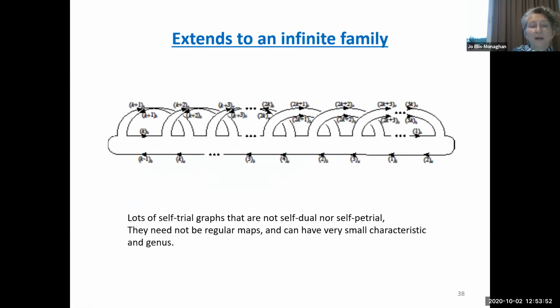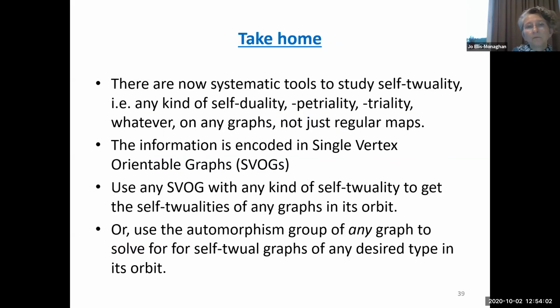And infinite families of graphs that are not self-dual or self-petrial, they don't need to be regular maps, and they can have very small characteristic in genus. So take home is that there are now systematic tools to study self-duality, and on any kind of graphs, not just regular maps.